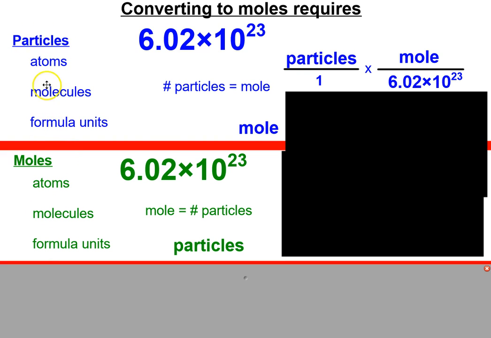What's different in these two screens? Particles and moles. Okay, and the particles that are here are meant to tell you that we're starting with particles. Here, we're going to start with moles. But we still have to use this number. That number's the same for every single particle, molecules or formula units, you name it. 6.02 times 10 to the 23rd is the number.